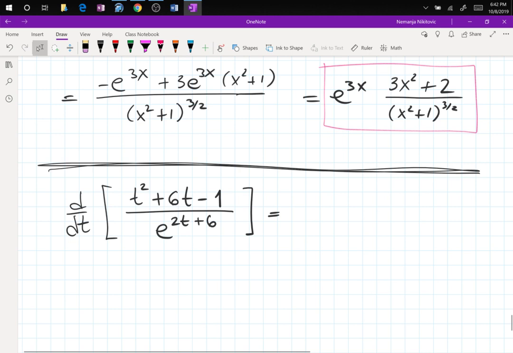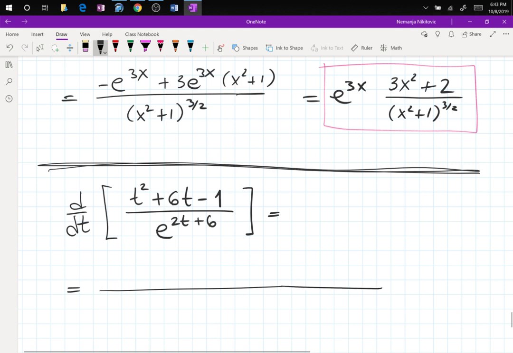So we have a quotient rule again, and the chain rule. Let's do quotient rule just because we can, but you can also write e to the negative 2t plus 6 and do the product again.